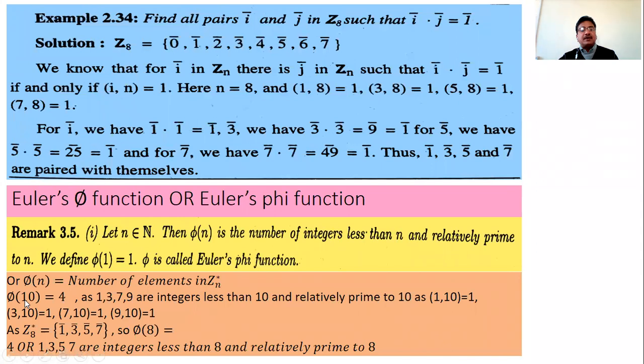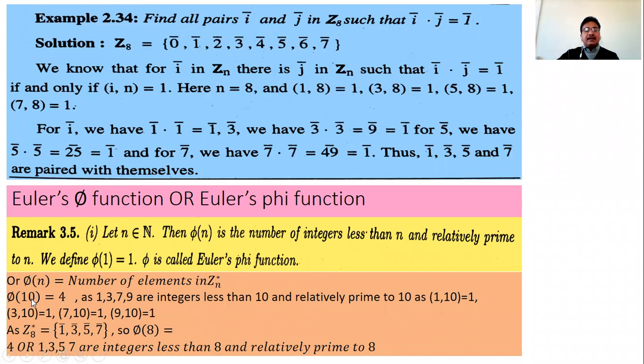No, because the greatest common divisor of 4 and 10 is 2. 5 is not relatively prime to 10 because the greatest common divisor of 5 and 10 is 5. 6 is not relatively prime to 10 because the greatest common divisor of 6 and 10 is 2. Then 7 and 10, yes, the greatest common divisor is 1, and therefore 7 is relatively prime to 10.